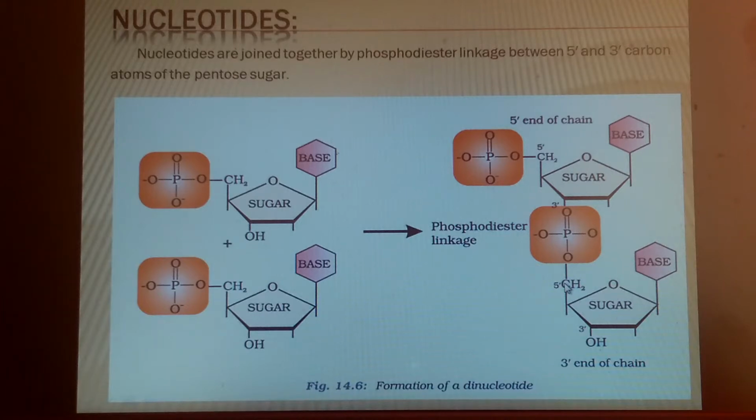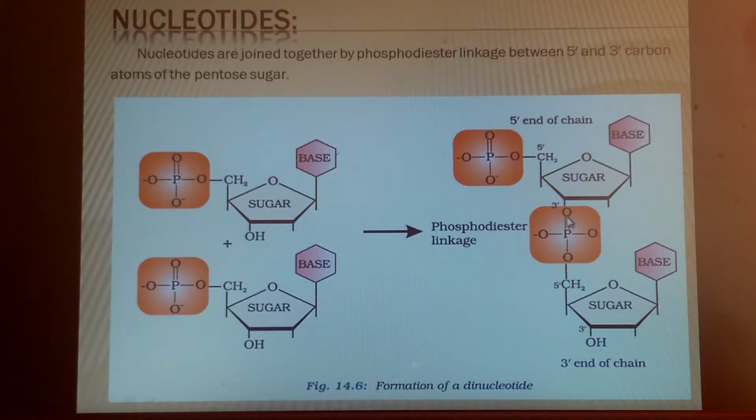So here also the same thing. We have the fifth CH2 group, that is already done when it is forming a nucleotide. This is the fifth carbon bonding with the oxygen of the phosphoric acid or phosphate group. That is already done.